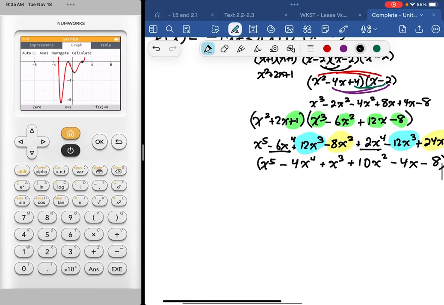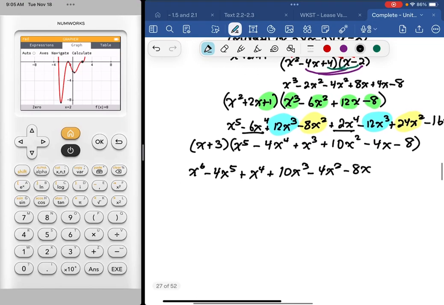Now we just have to multiply that by x plus 3. So x to the 6th minus 4x to the 5th, x to the 4th, 10x to the 3rd, minus 4x squared minus 8x. Then run through with the 3. This time I'll stack it.